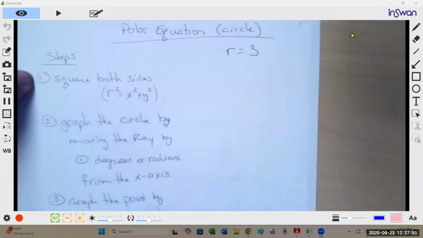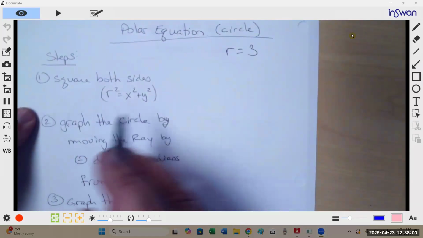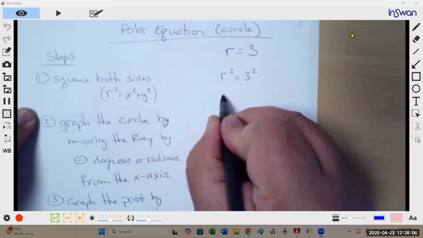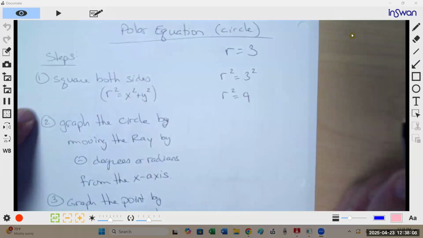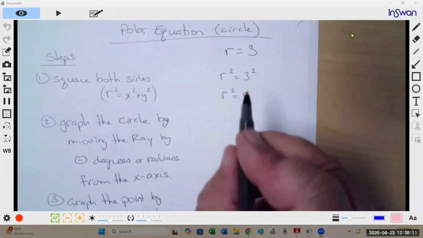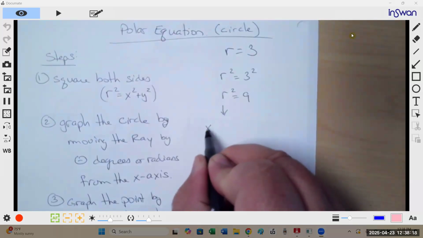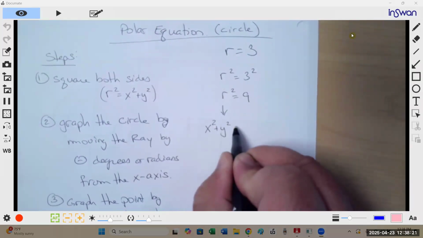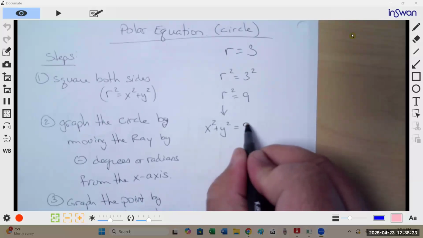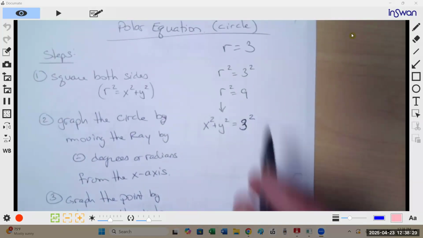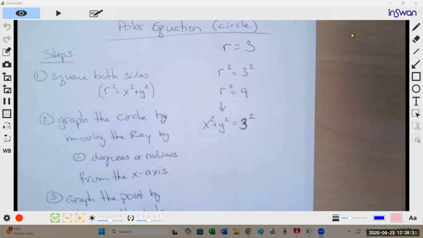So that's why I said, let's convert it to rectangular coordinates. So first step, square both sides. So r squared equals 9. Conversion, what does r squared equal? I should leave it like this, 3 squared, because it tells us a lot more. If we put 9, then we have to take the square root of it to find the radius.